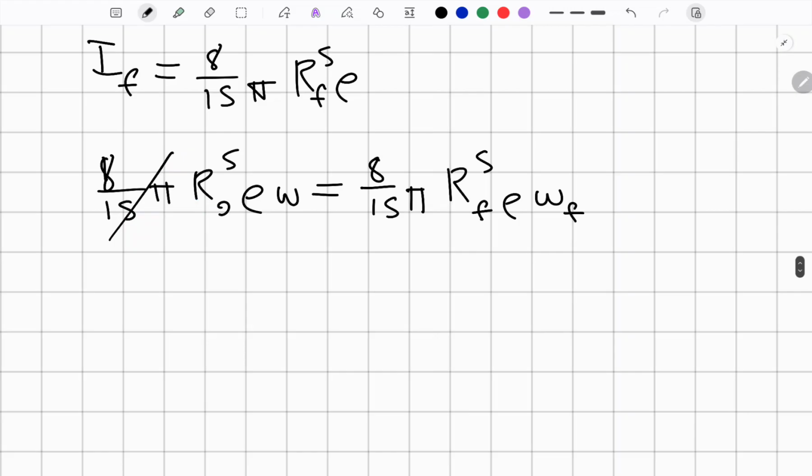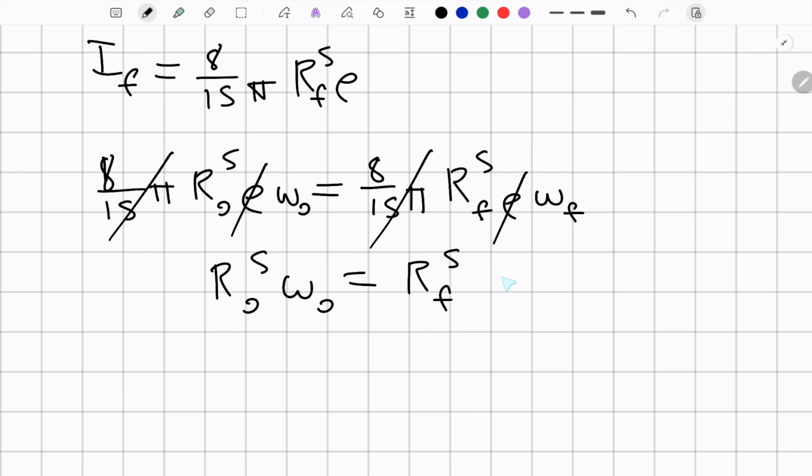And as you can see, these are going to divide out nicely. That density is going to divide out, and we're left with r0 to the 5th omega naught is equal to that final radius raised to the 5th power times our final angular velocity.